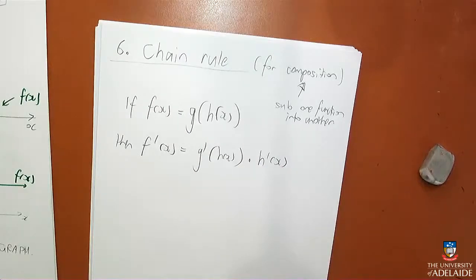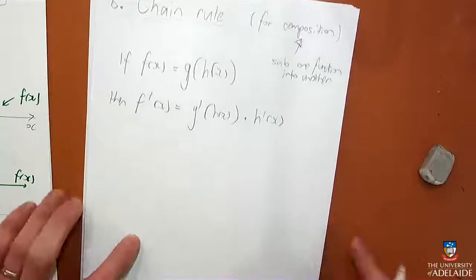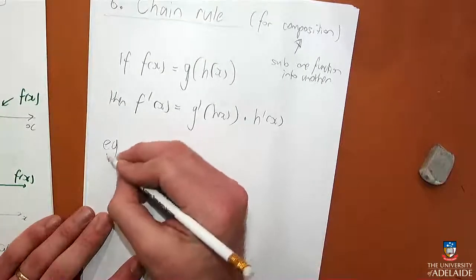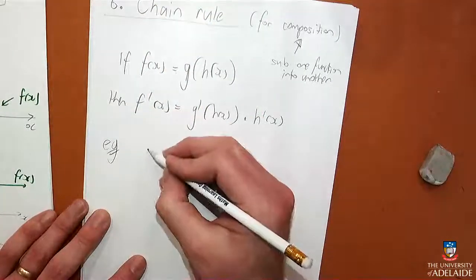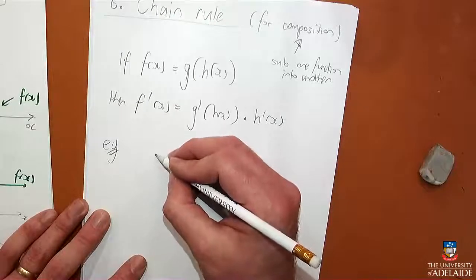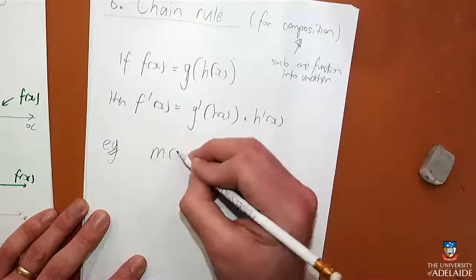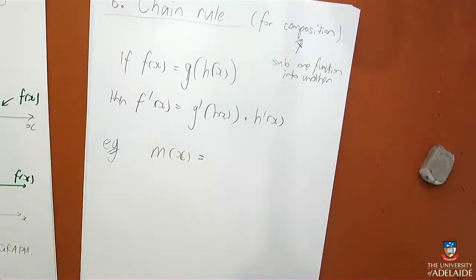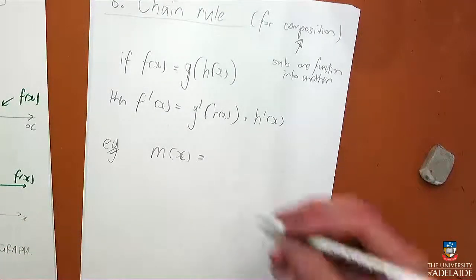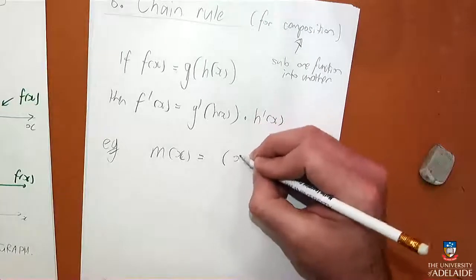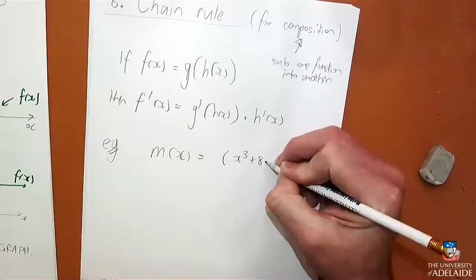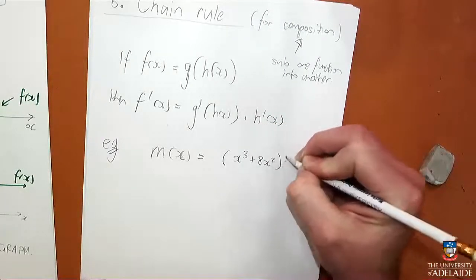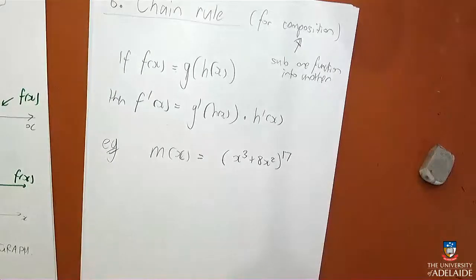Okay, so let me do an example of the chain rule. So an example of the chain rule would be something like, let's call it m of x today, because I feel like having a whole different letter that we haven't used before. So let's say that m of x is like, I know it's stupid, right?